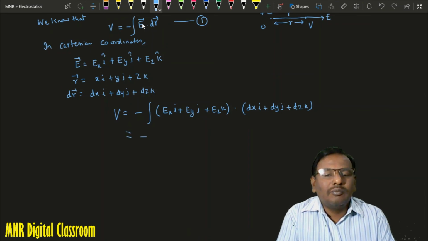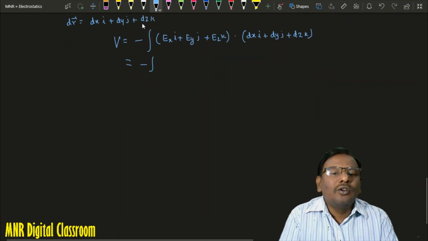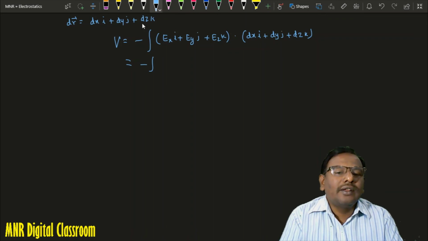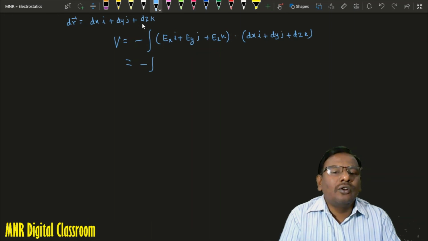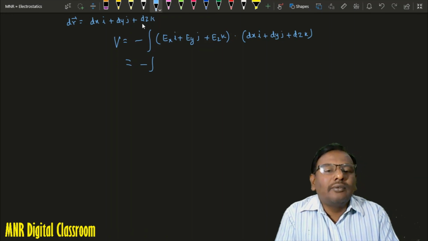We know the properties of unit vectors: i dot i is equal to 1, j dot j is equal to 1, k dot k is equal to 1, whereas i dot j, j dot k, etc. are equal to 0. If you take the dot product, then totally we have 9 components. Out of these 9 components, only 3 exist, while the remaining 6 become 0 because i dot j, j dot k and those terms become 0.